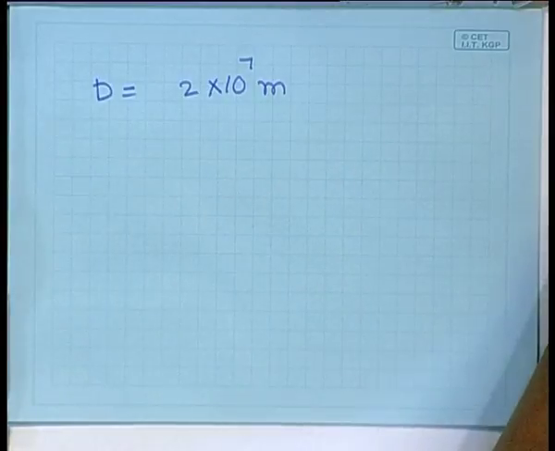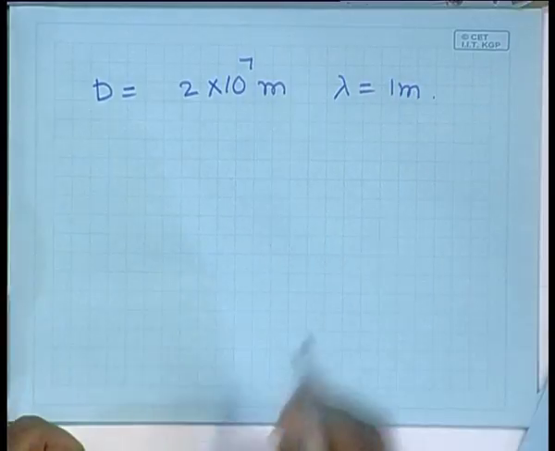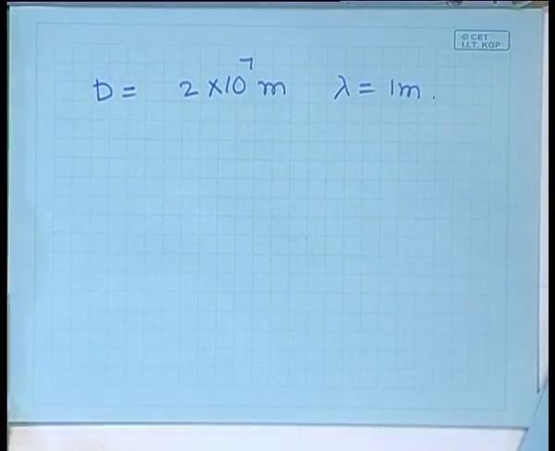The giant meter wave radio telescope, so at lambda equal to 1, if you are working at 1 meter, you will have to build a telescope of diameter 2 into 10 to the power 7 meters if you want to achieve an angular resolution comparable to the HST. Obviously, this is not practical. So, the question is, how do you achieve high angular resolution at large wavelengths or low frequencies?